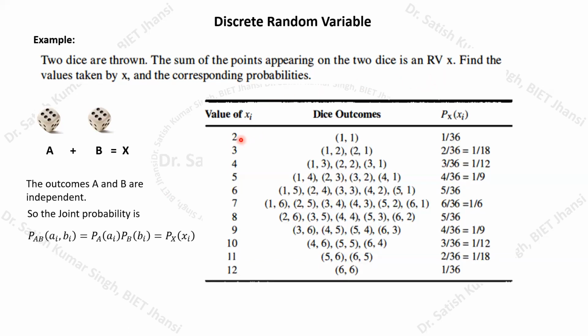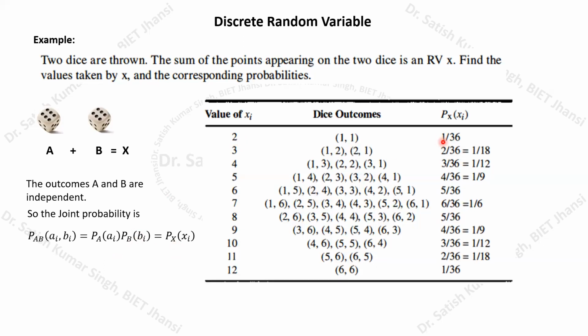So it will be 2, and the summation 2 will come in only one possible way, when the outcome on the first dice and the second are both equal to 1, that is (1, 1). What is the probability of getting the outcome 1? That probability is 1 by 6, again multiplied with 1 by 6.